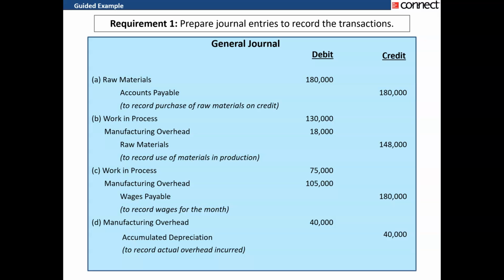Next is depreciation. Depreciation is an expense every month or every year, depending on how often you record it. But the depreciation is for all of the plant assets, and the plant assets are being used to produce many different items. So therefore, it can't go to one certain item.